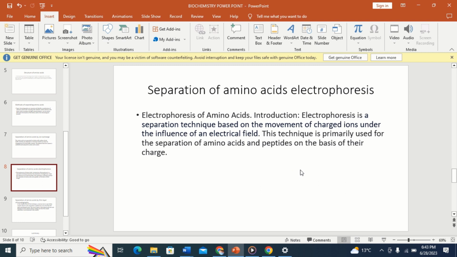Introduction. Electrophoresis is a separation technique based on the movement of charged atoms under the influence of an electrical field. This technique is primarily used for the separation of amino acids and peptides on the basis of their charge.